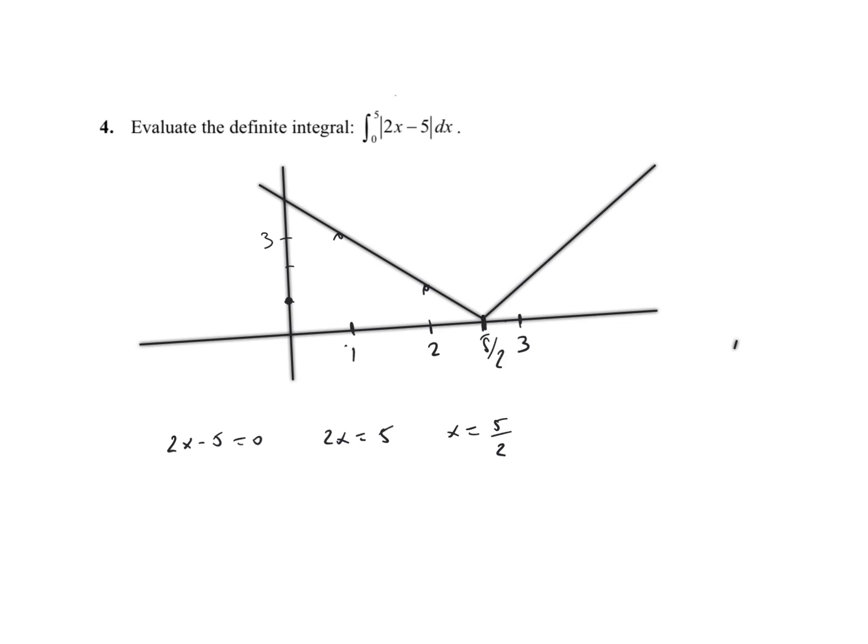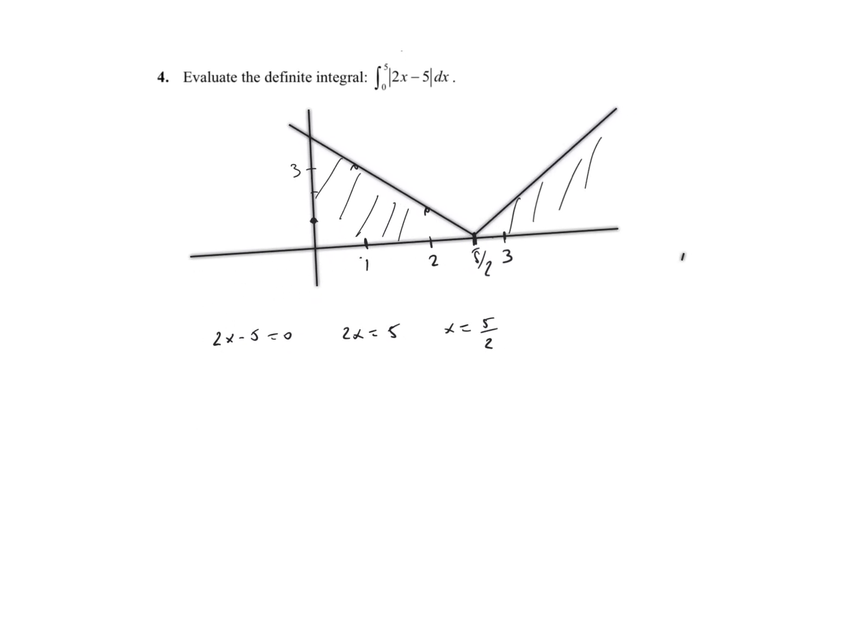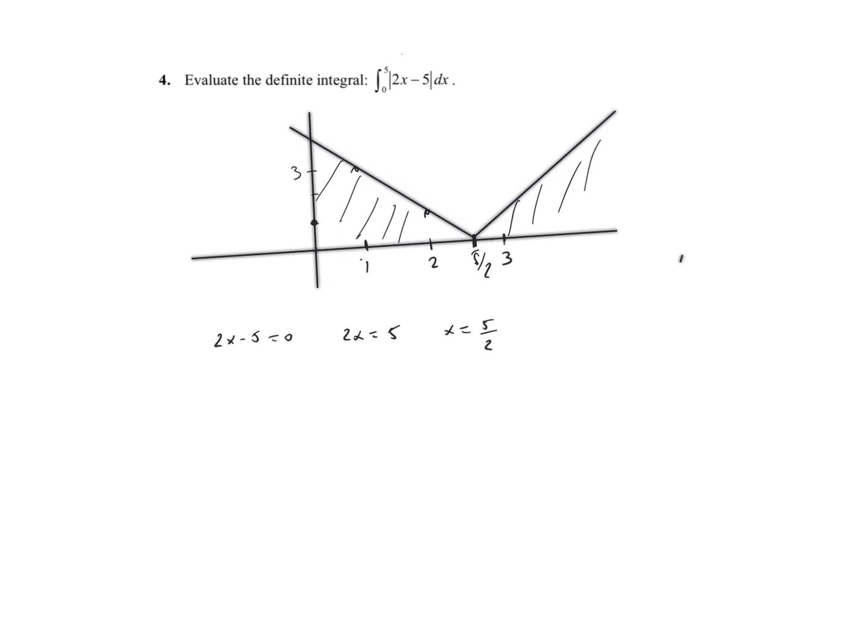So if I want to evaluate the area that is here, I need to do it in two parts. I need to find the area from 0 to 5 divided by 2 of the absolute value of 2x minus 5. But the absolute value of 2x minus 5 is minus 2x plus 5 there.